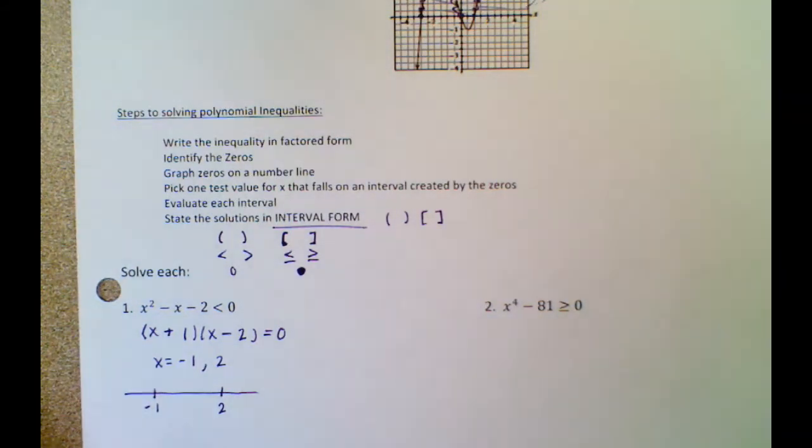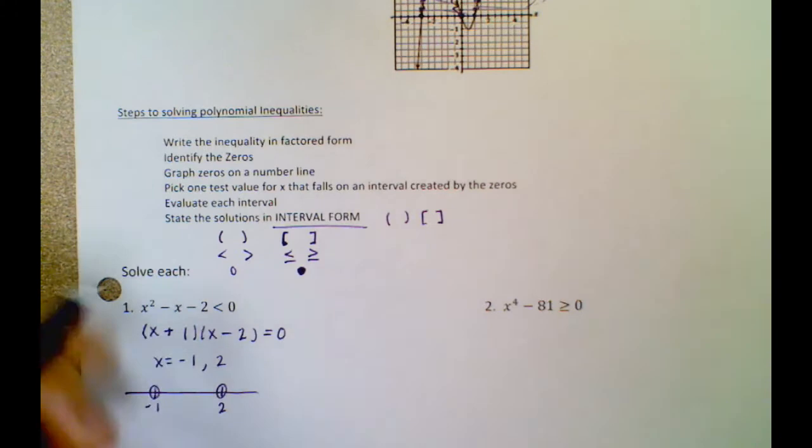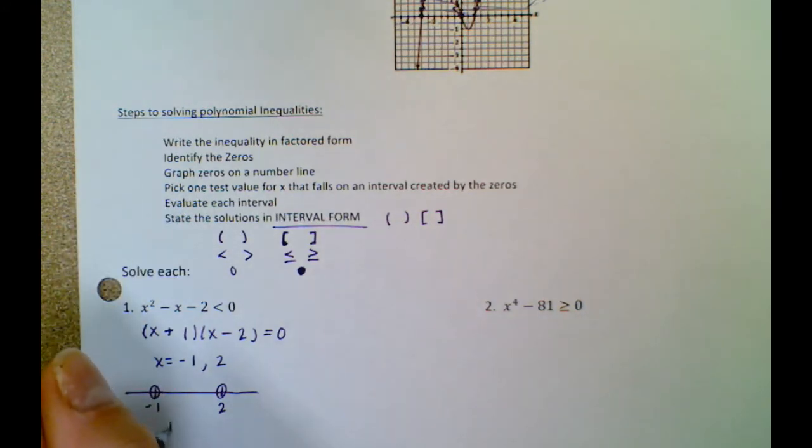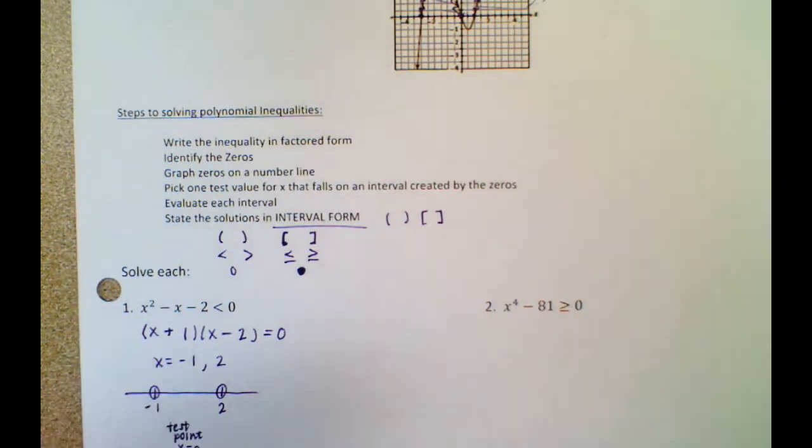All right, so from here, I'm going to plot these, both open circles, because we just have a less than sign with no line under it. Then we're going to pick a test value. I'm going to pick 0, so I'm going to say my test point is x equals 0, okay?